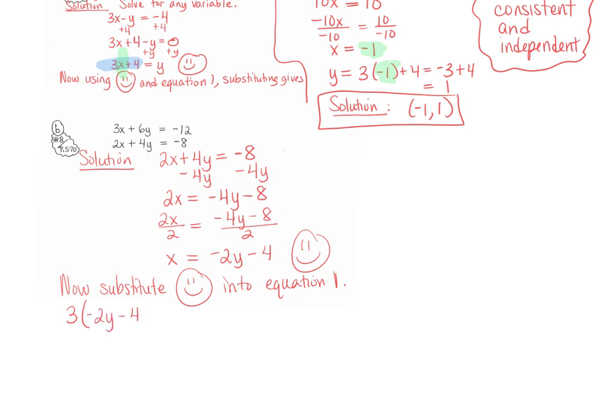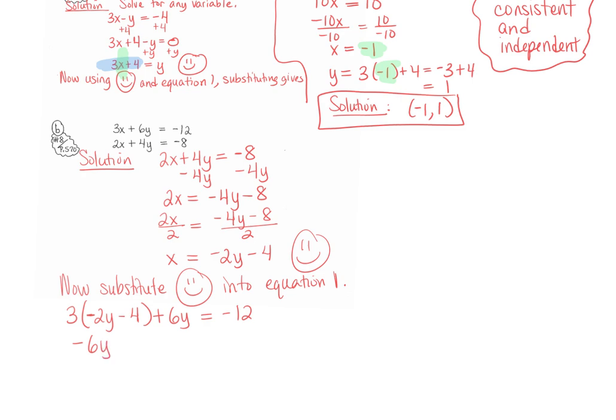Good. Plus 6y, good, equals negative 12. Notice that we now have an equation in the variable what? Y. Very good.